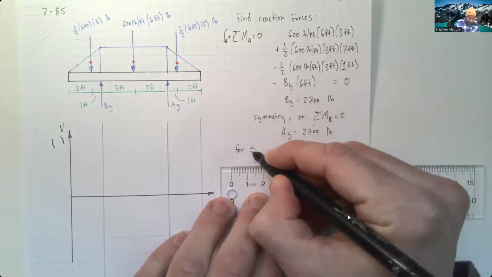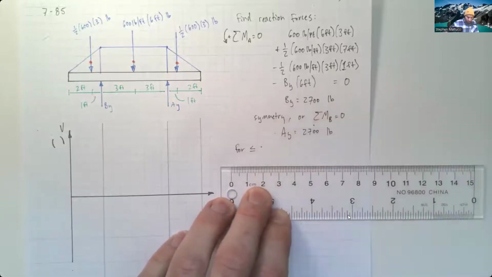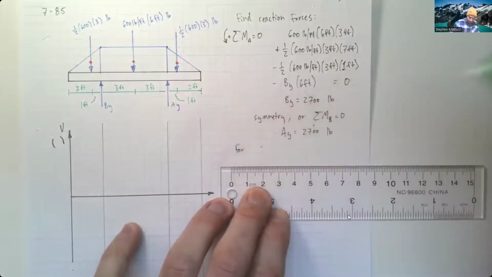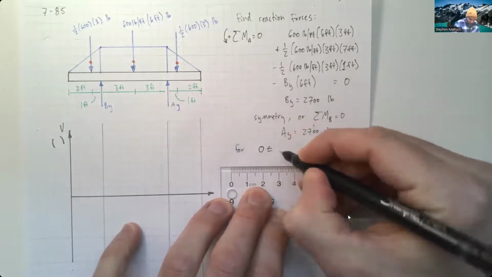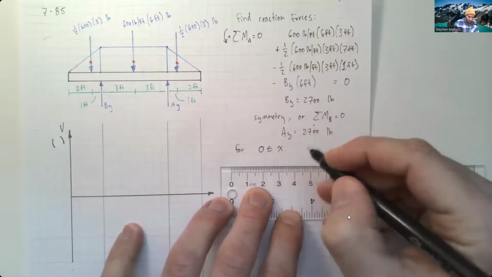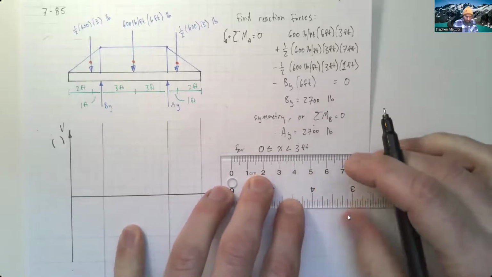For any time x is equal or greater, I seem to do this every single time, I draw my logic sign before my values. For x is equal to or greater than 0, but less than 3 feet.